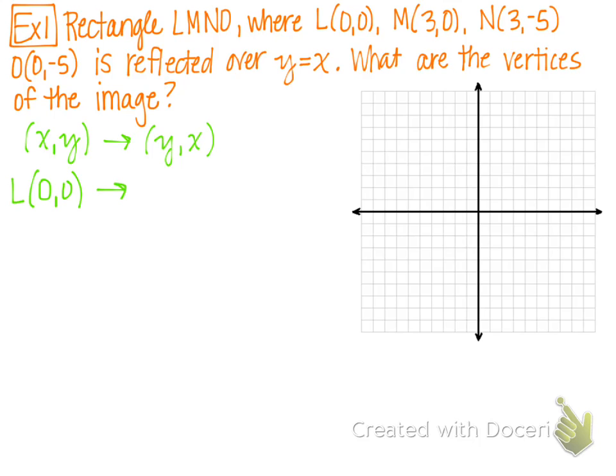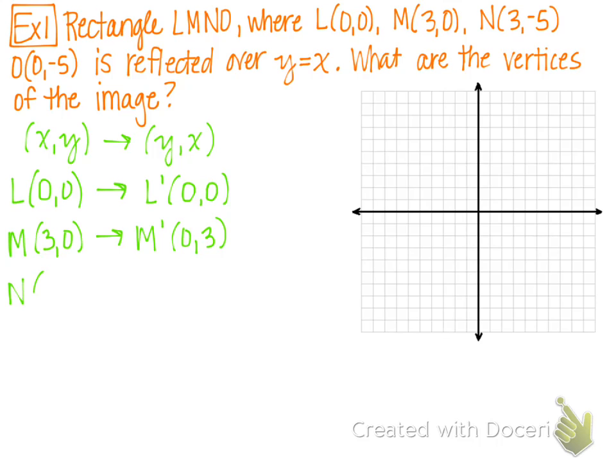So when we reflect it, L prime is at 0, 0. Hasn't changed. M is at 3, 0. I'm jumping ahead here. So when you flip it, M prime is at 0, 3.